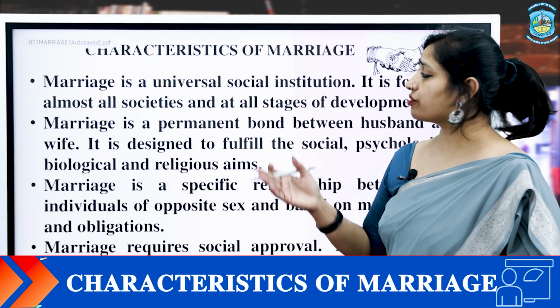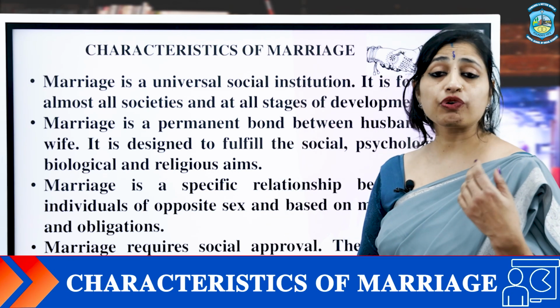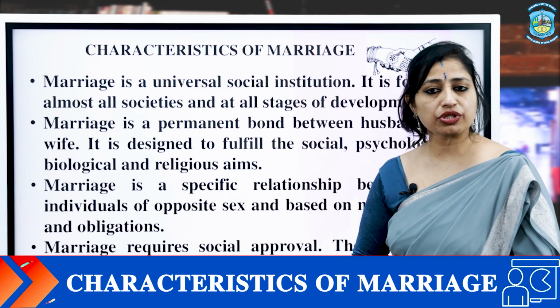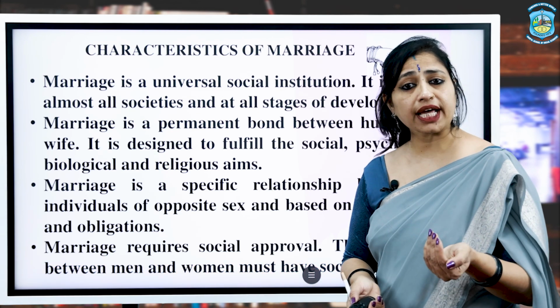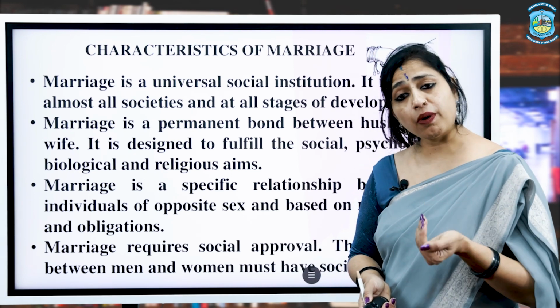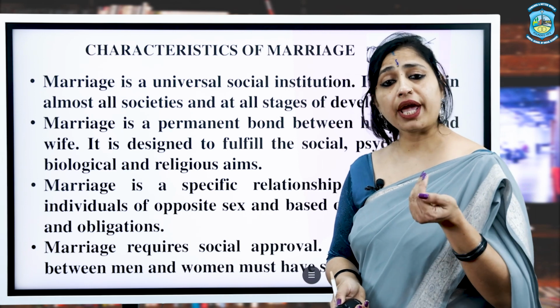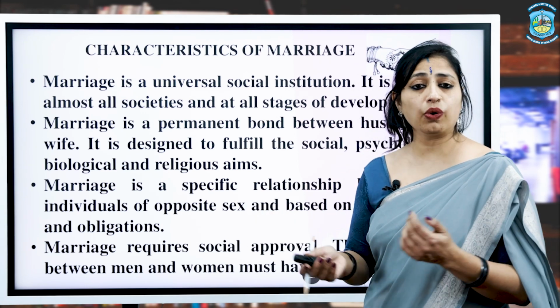Now, let's concentrate on some of the characteristics of marriage. Marriage, as we all know, is a universal social institution. It is found in almost all societies and all stages of development because it is a bond which continues to help form various societies or groups as a whole.